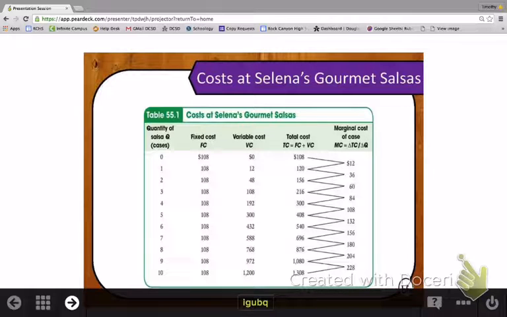Her variable cost goes up by $12 at a time when she hires more workers, and you can see the total cost equals fixed cost plus variable cost, and the marginal cost to produce a case of salsa is the change in the total cost divided by the change in the quantity that is produced. And so you do that, and then you can see the increase there. So if you want to pause the video and examine this to help you understand it further, if you need that time, feel free to do so.